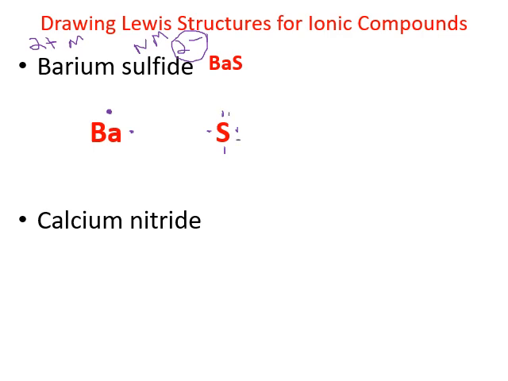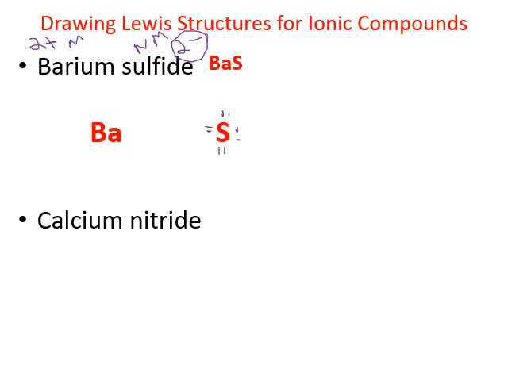And so I suggest when you draw these Lewis structures, draw them how they are first. And then they're an ionic compound because barium gives its valence electrons to sulfur. And so these guys actually get erased. And it ends up with sulfur having 8, and barium having none.